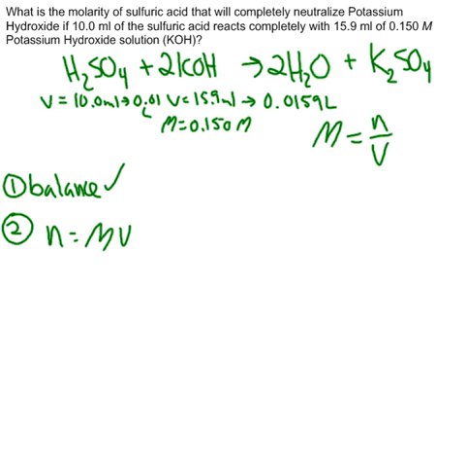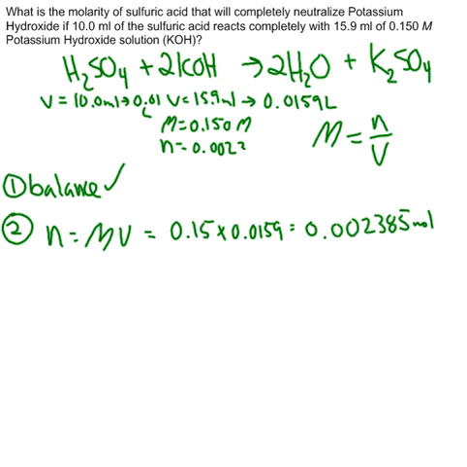So now we can find our number of moles of the KOH, and it's going to be 0.15 times 0.0159, and we get 0.002385 moles. So now that we know the number of moles of our KOH, using the mole ratio step, which is common to all forms of stoichiometry, we can figure out how many moles of H2SO4 we have.